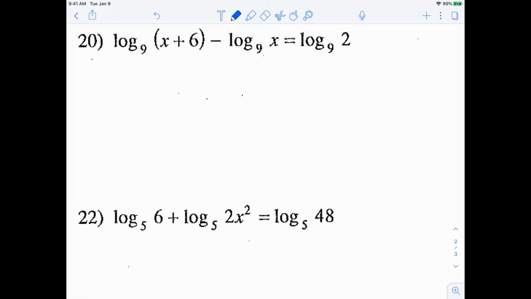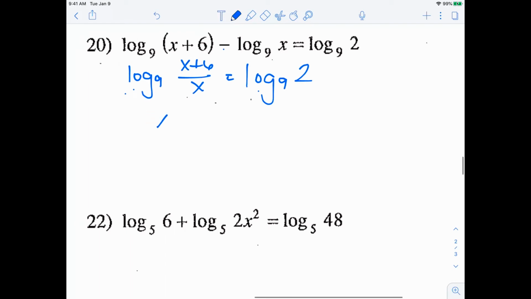Looking at number 20, again, we're going to have to use our log properties. I am subtracting these two logarithms. So to condense them to a single logarithm, I'm going to divide. So we end up with log base 9 of x plus 6 over x equals log base 9 of 2. Now again, we have a log with the same base on both sides of the equation, so the equation will simplify to x plus 6 over x equals 2.